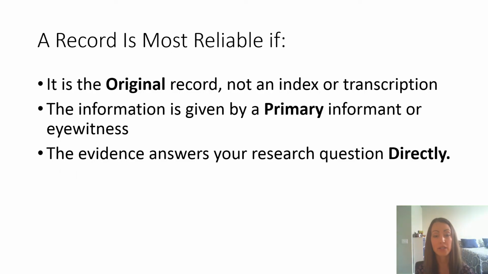A record is most reliable if it is the original record, not an index or transcription, if the information is given by a primary informant, not secondary, otherwise known as an eyewitness, and the evidence answers your research question directly.